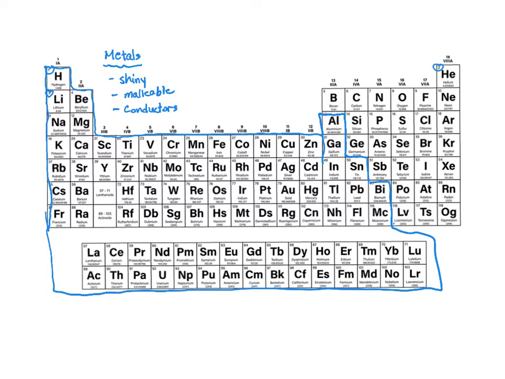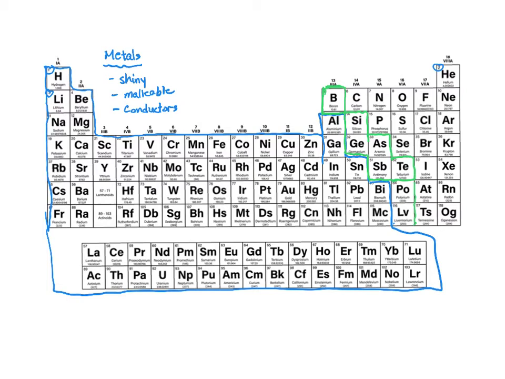Now, over here we have this little stair-step region that includes all of these elements here. Whether or not we can include these elements down here is really dependent upon whether or not we have enough of that stuff to actually experiment on them.